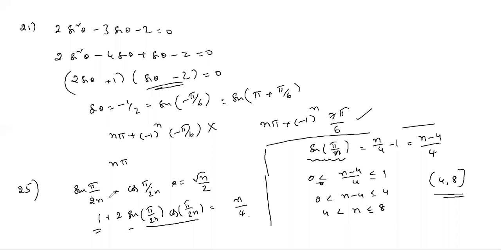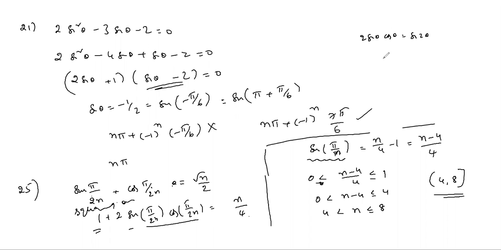Okay, this is sin pi by 2n plus cos pi by 2n whole square. Squaring on both sides, sin square theta plus cos square theta is 1, plus 2ab, 2 sin pi by 2n cos pi by 2n. What is 2 sin theta cos theta? Sin 2 theta.